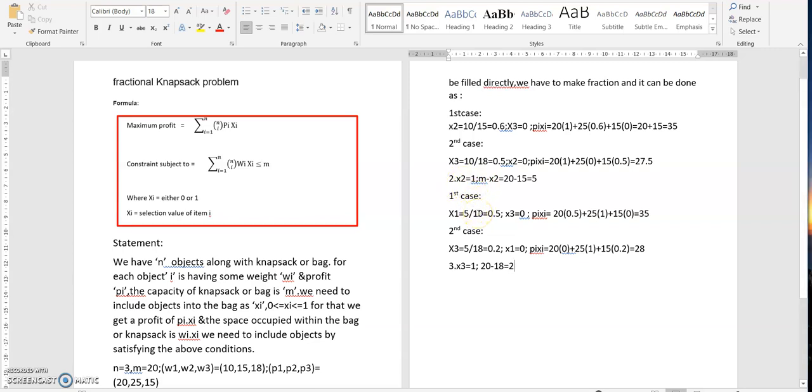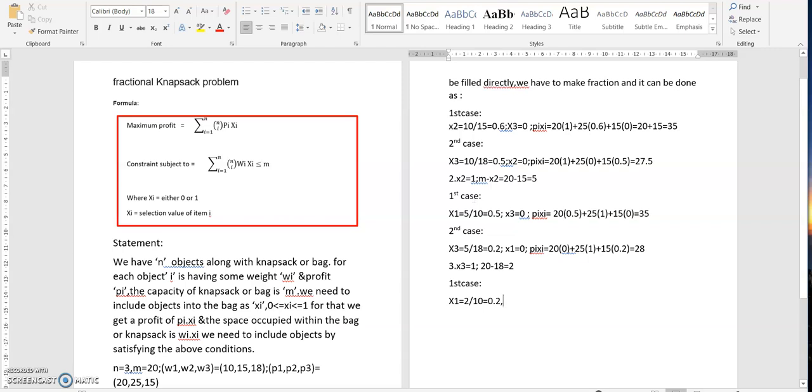In that space of 2, we need to include part of either x1 or x2. In the first case, take a fraction of x1. We need to find the fraction value: free space by x1's weight, which is 10, equal to 0.2.